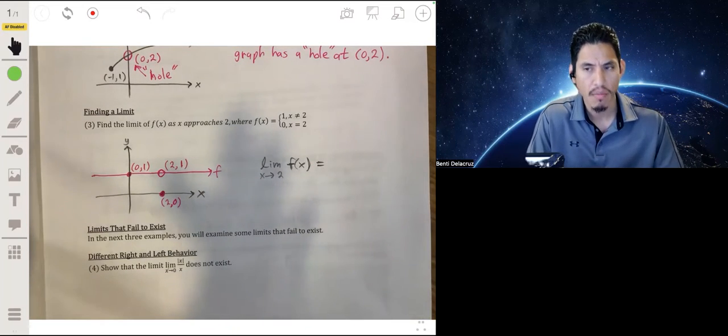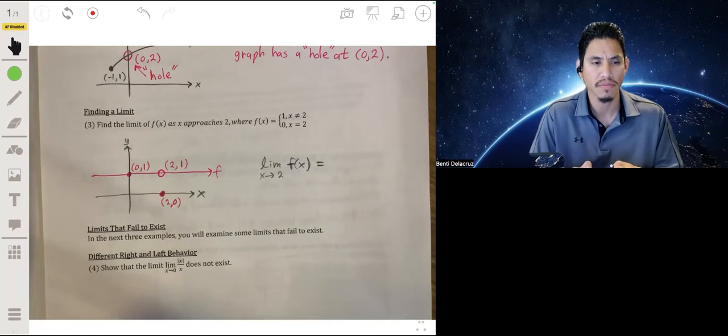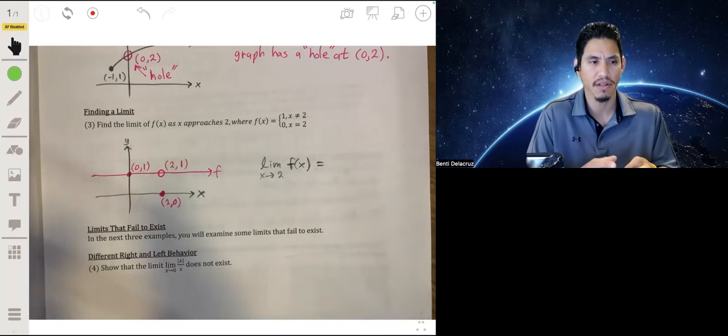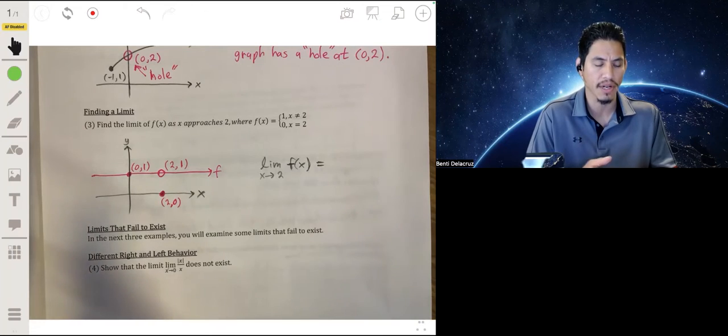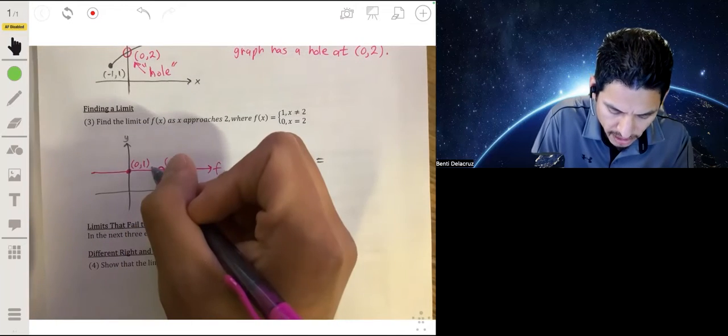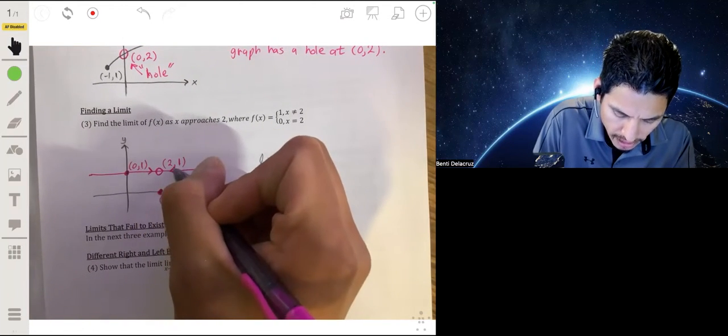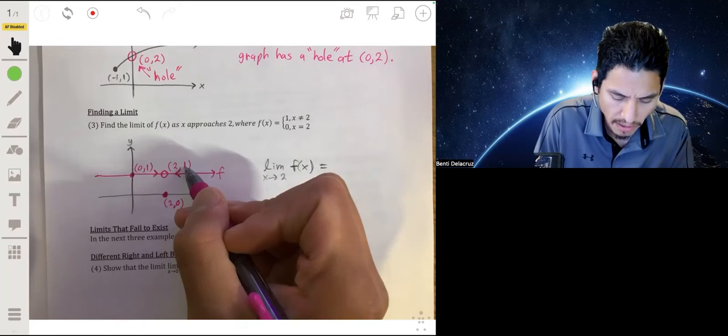Now, let's think about this. Remember, the limit is the value that you're approaching, not necessarily the value that the function is equal to at that point. It's the value that the function is approaching, in this case, for 2. And the function is approaching this hole here. It's approaching 1.